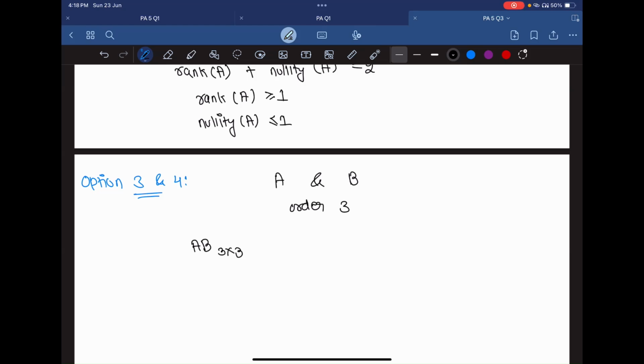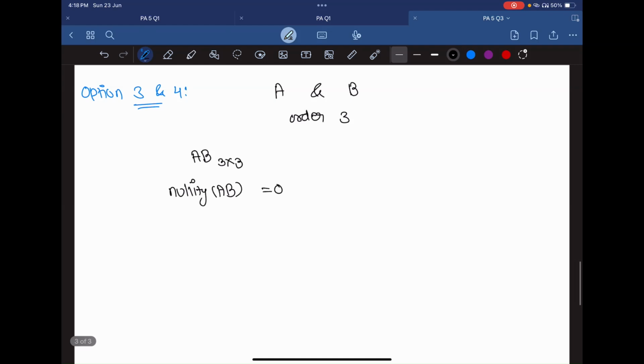And the nullity of AB is given as 0. So this implies that the determinant of AB is not equal to 0, as it is a square matrix, so we can find the determinant. Because nullity is 0, the determinant should not be equal to 0.